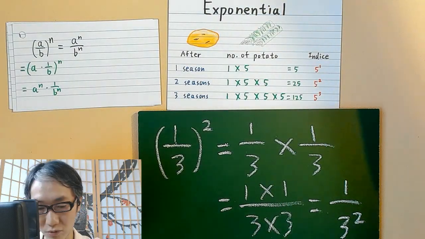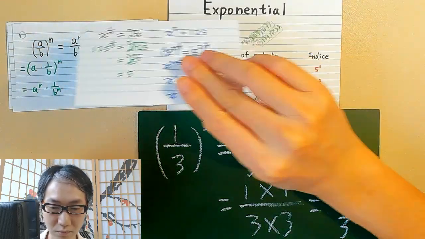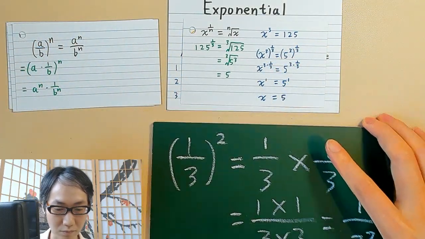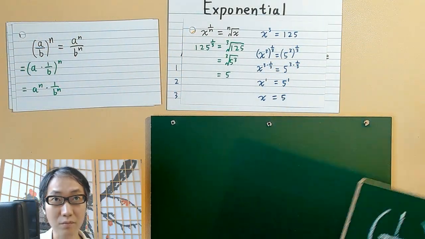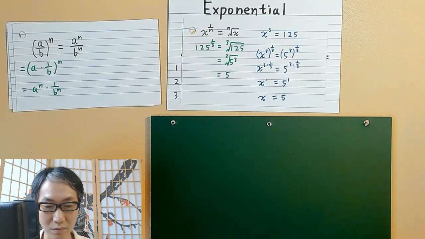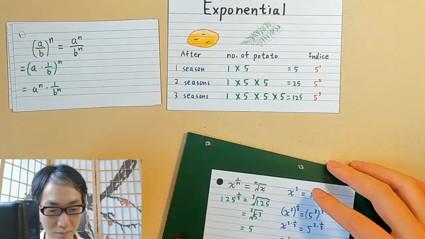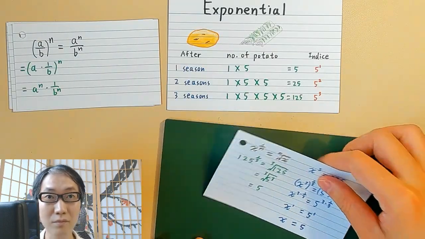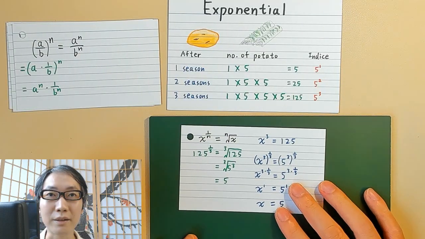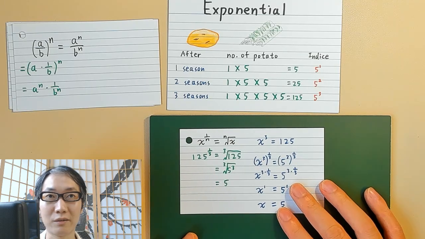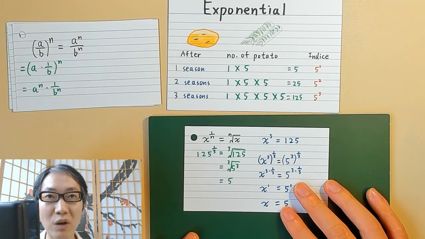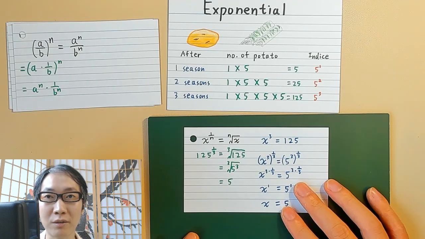And the next rule, x to the power of 1 over n. What does that mean when we put a fraction in the power?